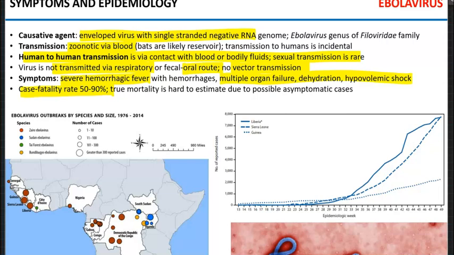Let's say we identified 10,000 confirmed cases of Ebola, and 5,000 people died. So half of them, it's 50%. Now the actual mortality rate does not take into account people who died of Ebola but were never diagnosed, and people who had Ebola virus infection but were never symptomatic. There are such examples.